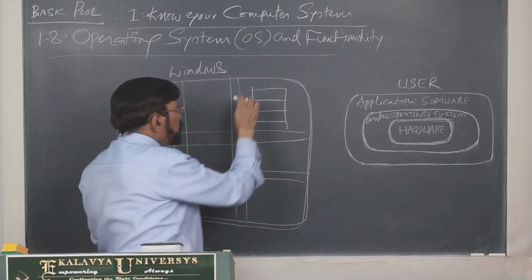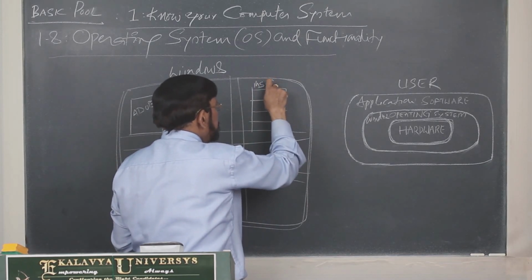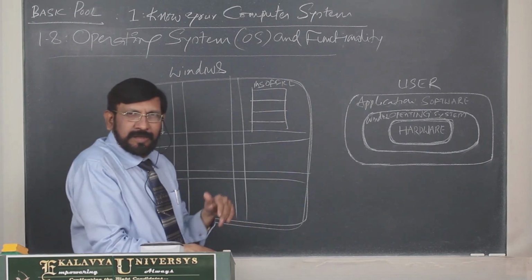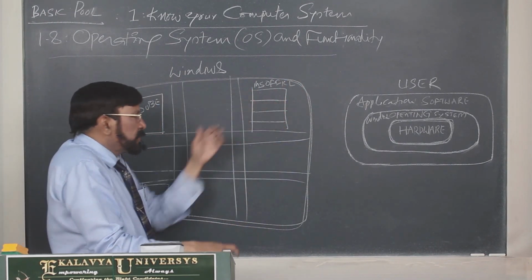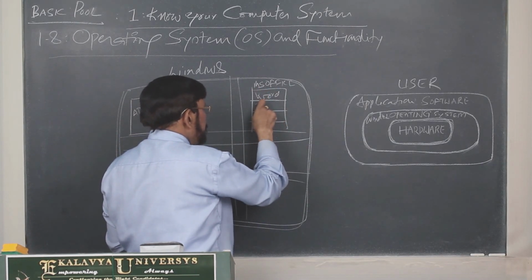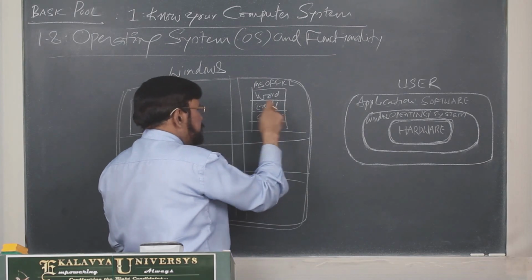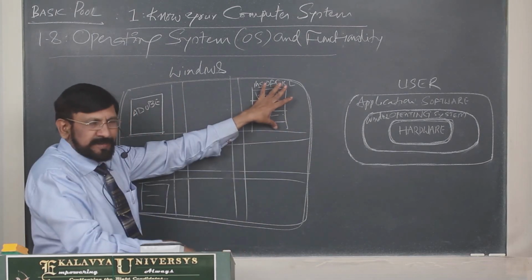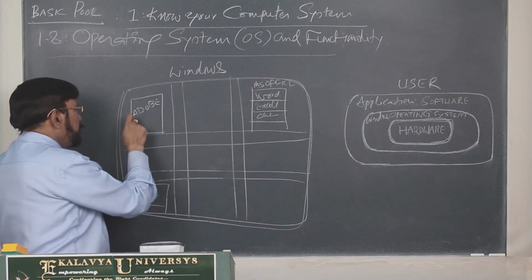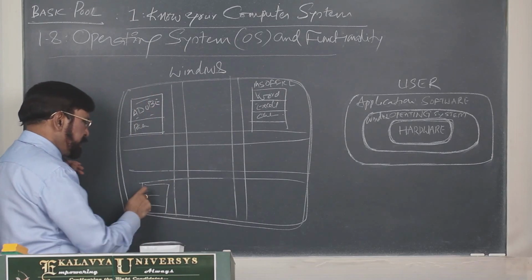Suppose if you come to MS Office, MS Office is the application software. In that you know MS Word, Excel, Outlook, etc. application softwares are there. They constructed their building. And Adobe, they have their PageMaker, etc. Their programs are there.